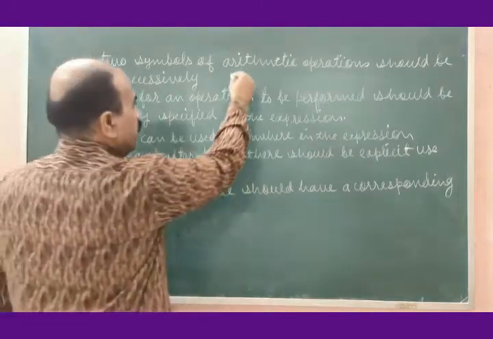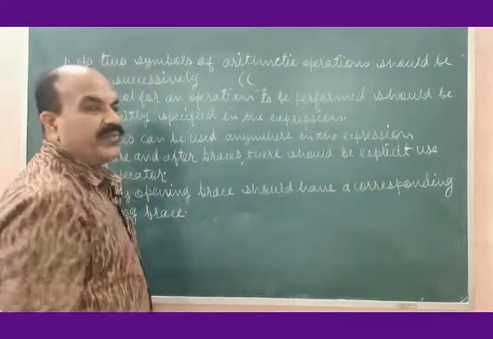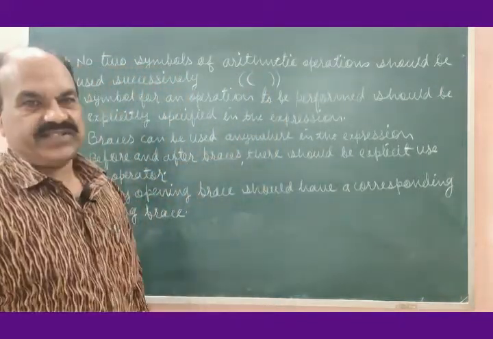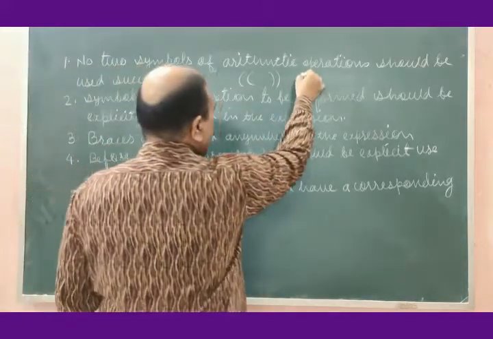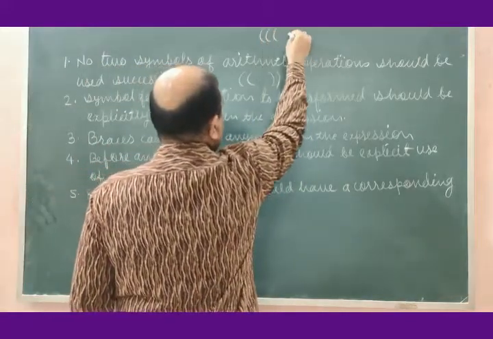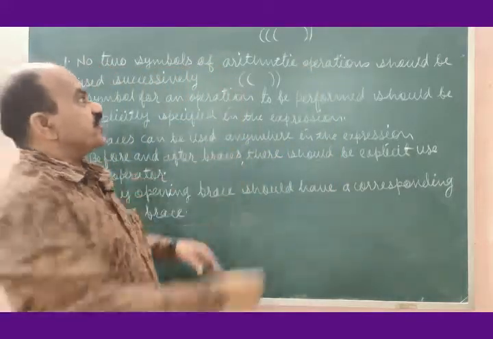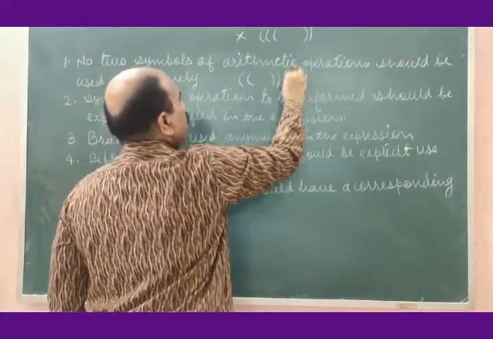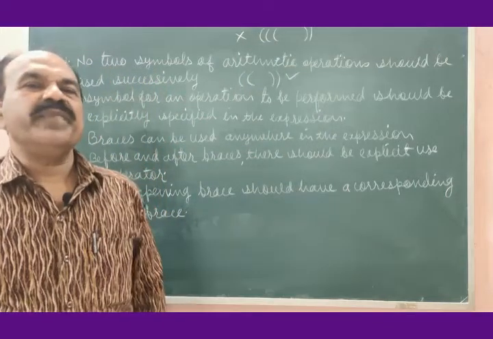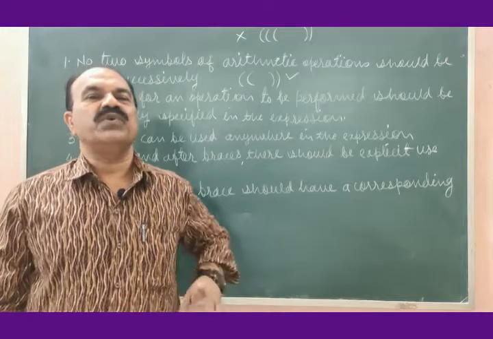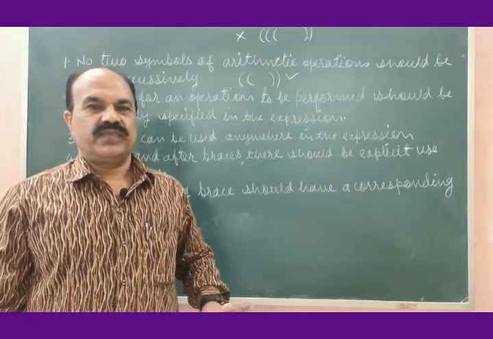For example, if you are having two opening braces, there should be two closing braces. If you have three opening braces and only two closing braces, this is wrong. So the number of opening braces should be equal to the number of closing braces.